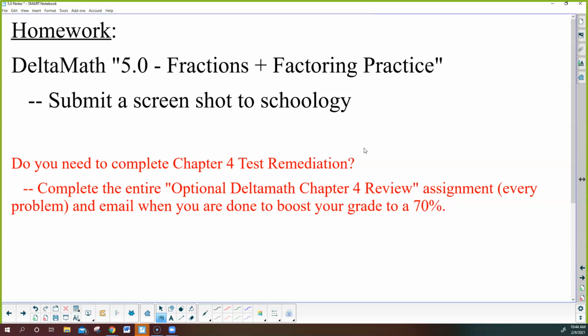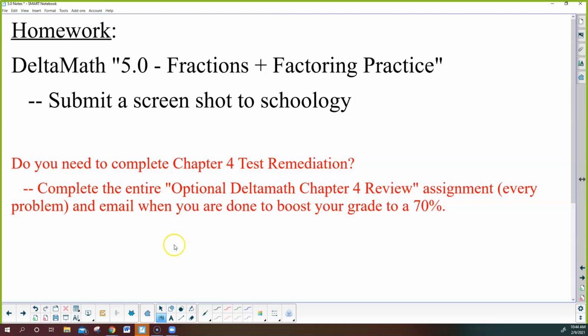If you have that work, submit it to me so I can give you the credit, or submit it to Schoology so you can get those points. If the test didn't go great for you, you can do a remediation. Remember that remediation is just going back to the optional Delta Math Chapter 4 review and doing every problem on it. And then when you're done, email me and I'll boost your grade to a 70% for that test. Okay?